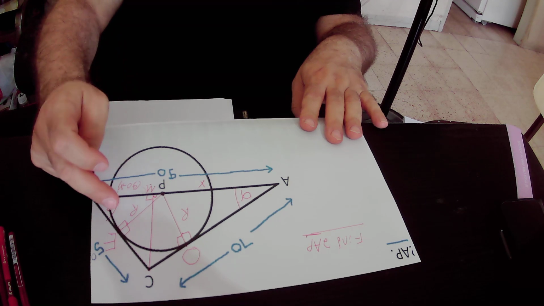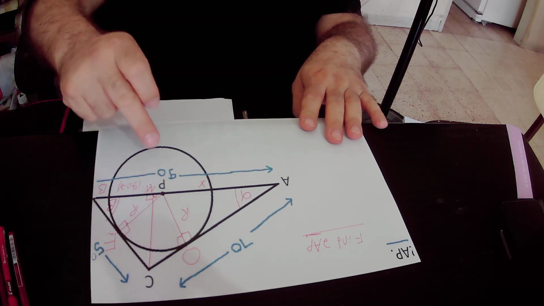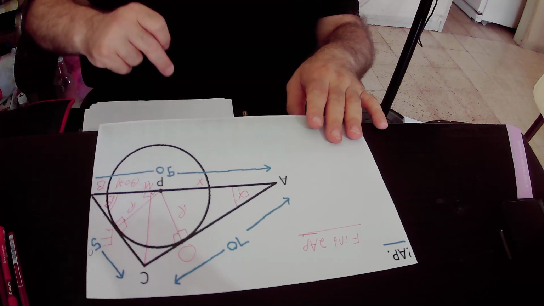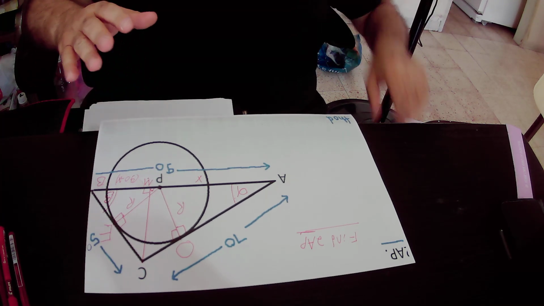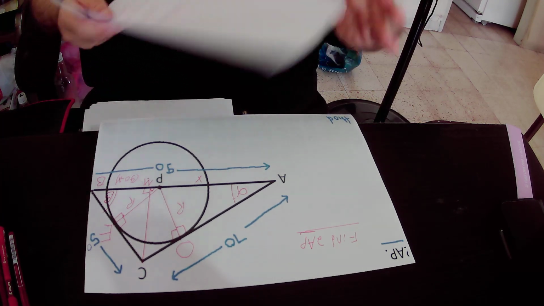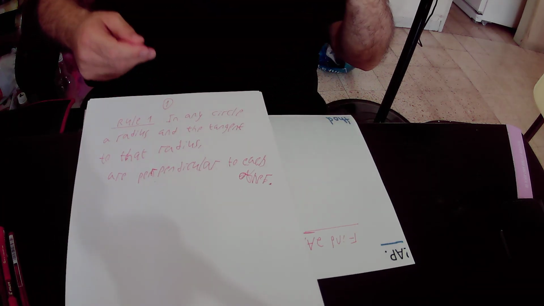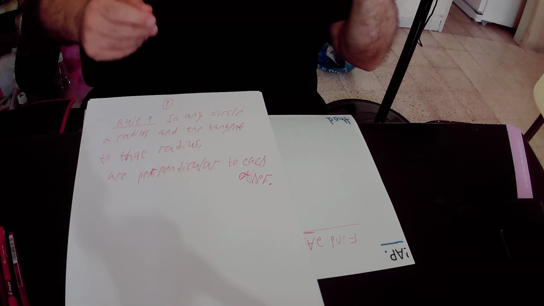That is to say, angle PEC equals 90 degrees and also angle PEB equals 90 degrees. According to the rule that in any circle, a radius and the tangent to that radius are perpendicular to each other.